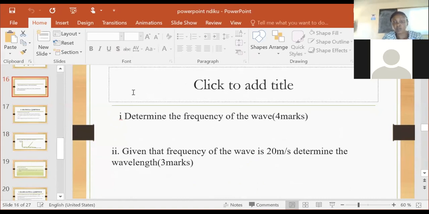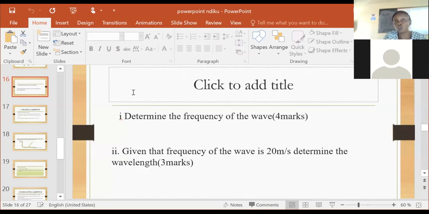So the velocity was 20, and we had to determine the wavelength. We had gotten a wrong answer, which was 0.1. So we substitute: the velocity 20 is equal to 0.1 times the wavelength. The wavelength will be 20 divided by 0.1, which ends up giving us 200 meters.